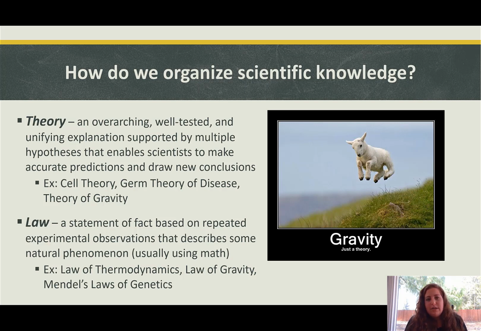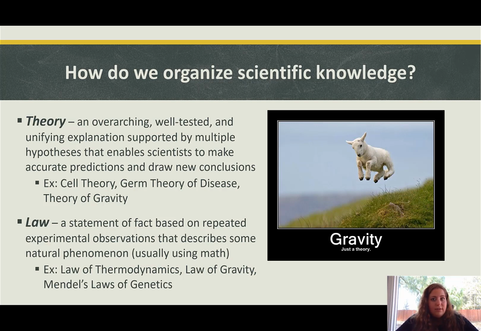It has a lot of evidence to back it up. And this is what scientists use to make predictions and draw new conclusions. It's a big idea that's heavily proven that we can use to predict future events. Things like cell theory, germ theory of disease, the theory of gravity, these are all heavily supported.